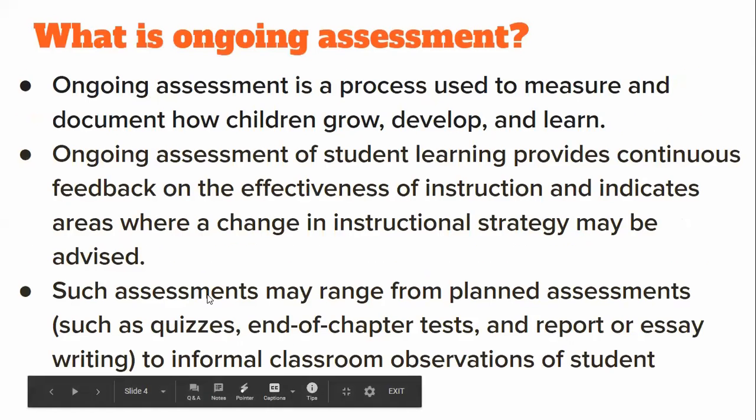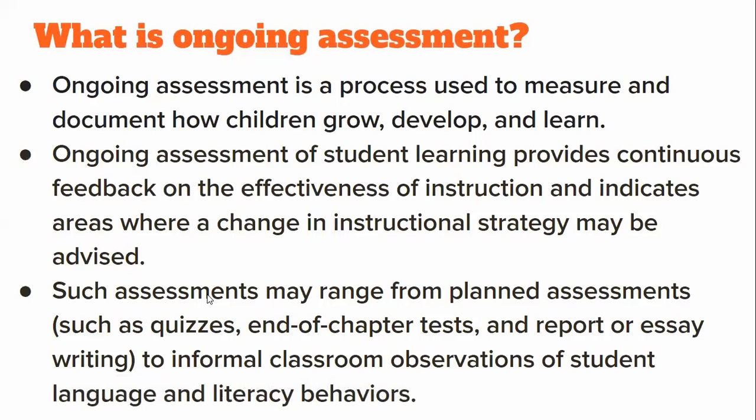So we should have a clear idea of what exactly ongoing assessment is. Ongoing assessment is a process used to measure and document how children grow, develop, and learn. Ongoing assessment of student learning provides continuous feedback on the effectiveness of instruction and indicates areas where a change in instructional strategy may be advised.